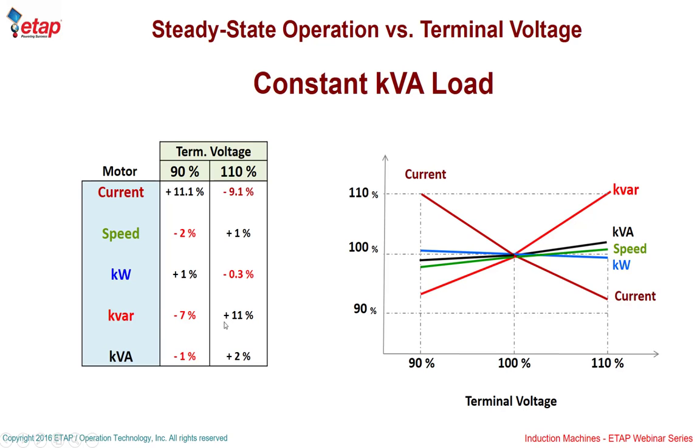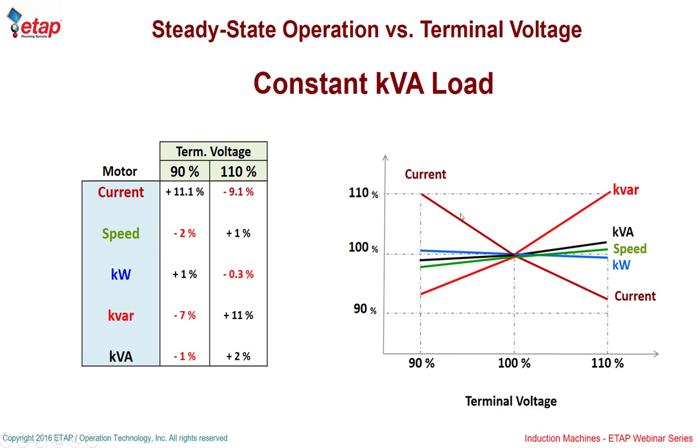The kvar, however, changes a lot because you've got the voltage changes and you've got the magnetizing branch, which sees the high voltage or low voltage. But notice the kVA doesn't change because the power factor of the machine is very high, 90%, 88%, 85%. So therefore kVA doesn't change much, and that becomes a constant kVA load during the normal operation.